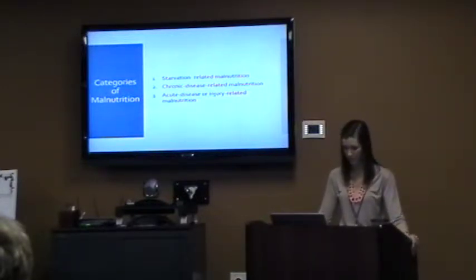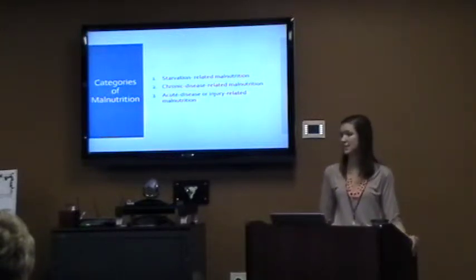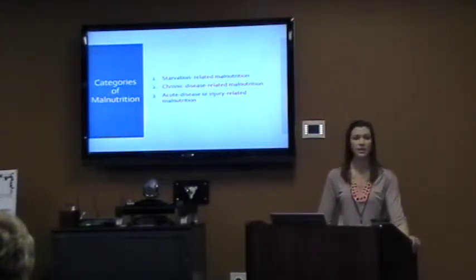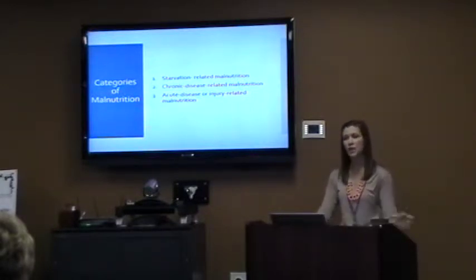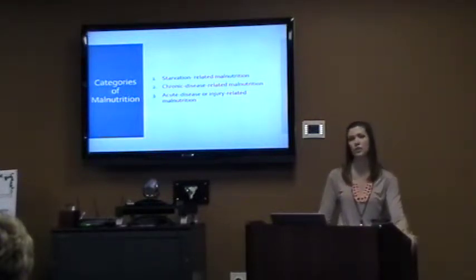Chronic disease-related malnutrition could be related to an outlying factor like cystic fibrosis, COPD, chronic kidney disease, CHF, cancer, inflammatory bowel disease, things that have kind of been going on for a while that could lead to malnutrition. And acute disease or injury-related malnutrition, so this includes major infection, burn, trauma, closed head injury.